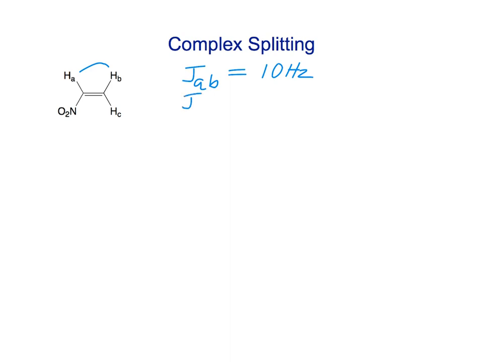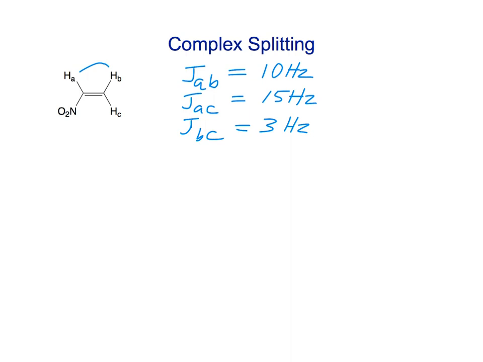There's also a coupling constant between A and C. This is the trans coupling. Let's say that that's 15 hertz. And then the last coupling that we might see here is between B and C. This is the geminal coupling. And let's say this is 3 hertz. So notice that each of those protons is involved in 2 different couplings.